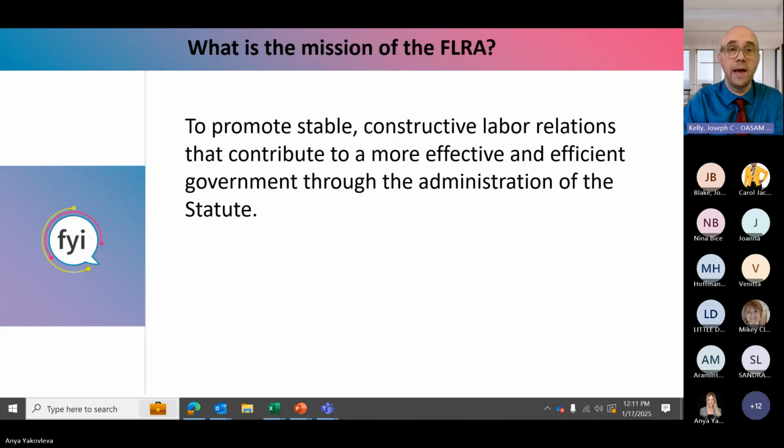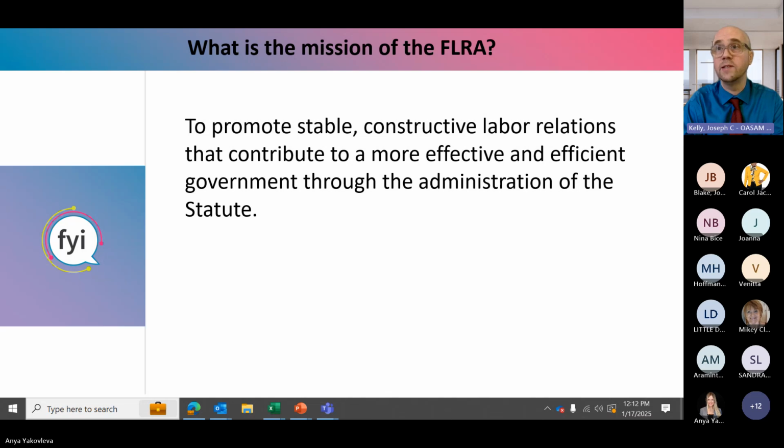Okay, so the mission of the FLRA is to promote stable, constructive labor relations that contribute to more effective and efficient government through the administration of the statute. Labor laws in the United States came out of labor unrest in the early to mid 20th century. Congress decided to pass laws giving labor unions certain rights in the workplace to quell the labor unrest going on all over the country.